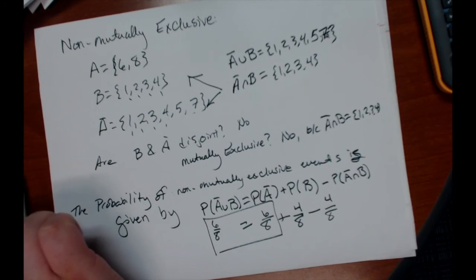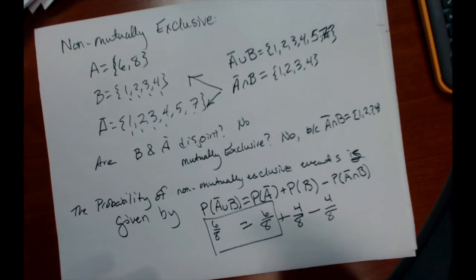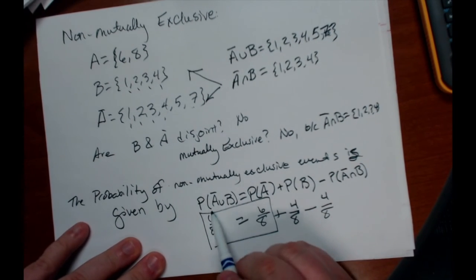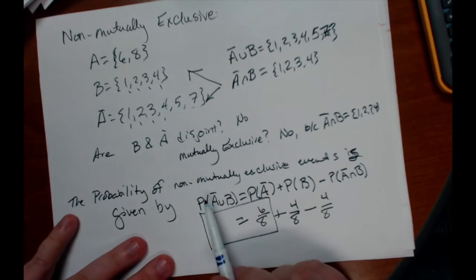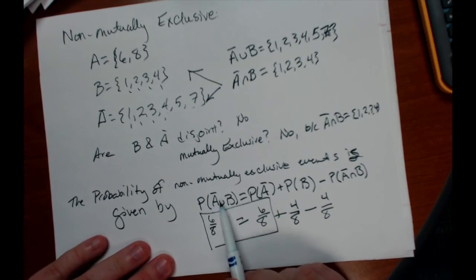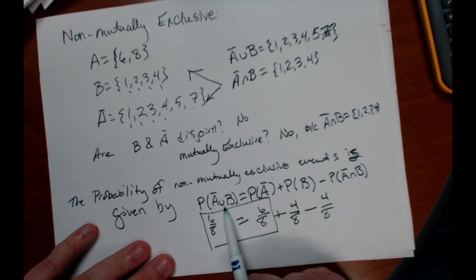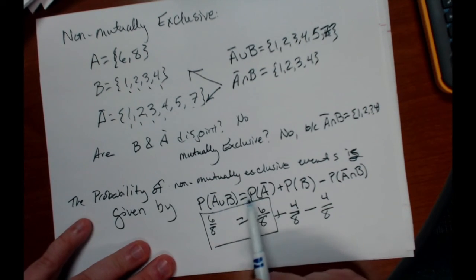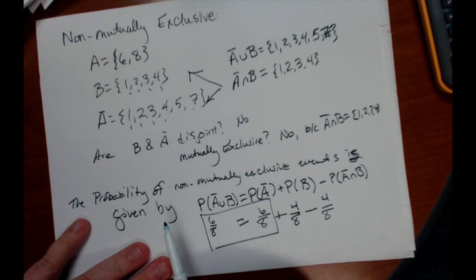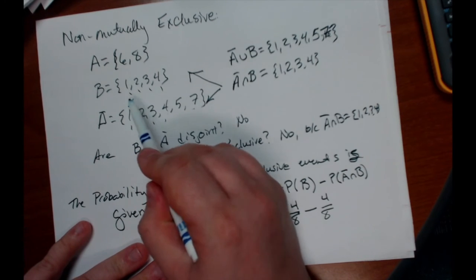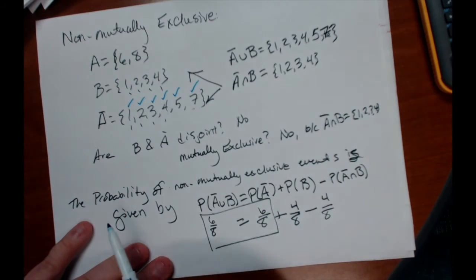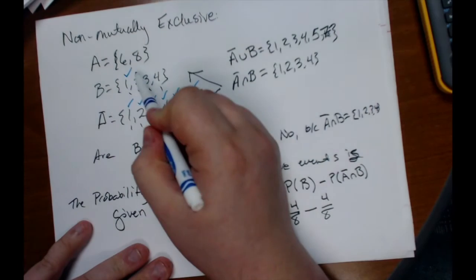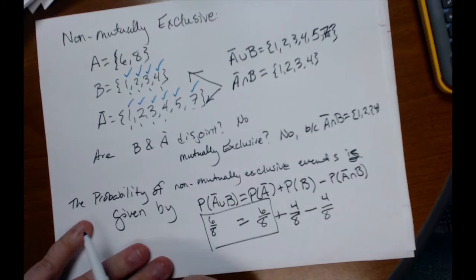But let's think through this. Why is it that with this non-mutually exclusive probability, we have to subtract something off? Well, if I want A complement union B, the probability of A complement is the odds of me getting a 1, a 2, a 3, a 4, a 5, or a 7. Or the odds of getting a 1, a 2, a 3, or a 4.